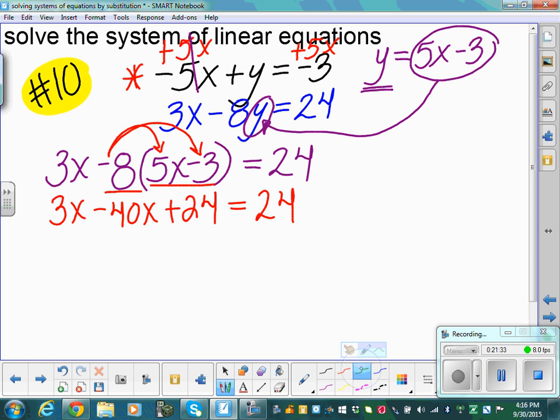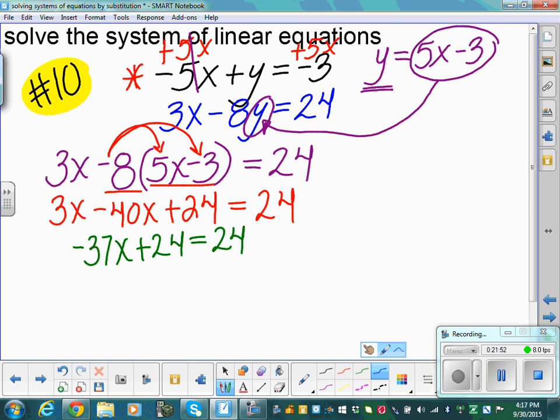Now, our goal is to get x all by itself. Well, first of all, let's combine our like terms. 3x's minus 40x's is -37x's. So we have -37x's plus 24 is equal to 24.